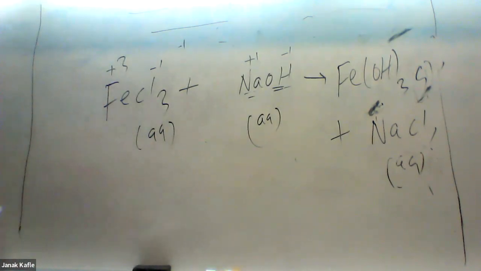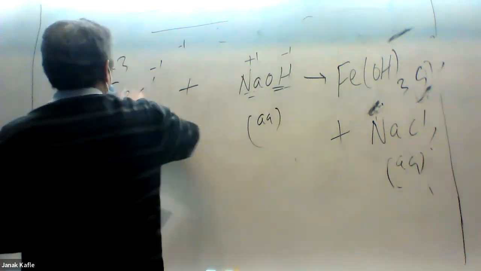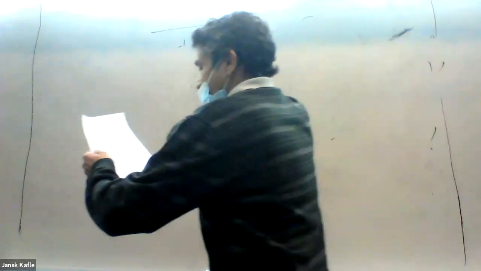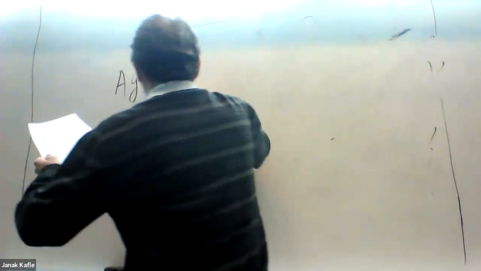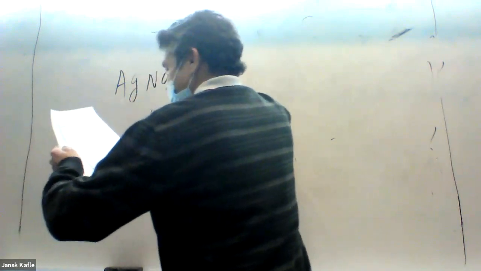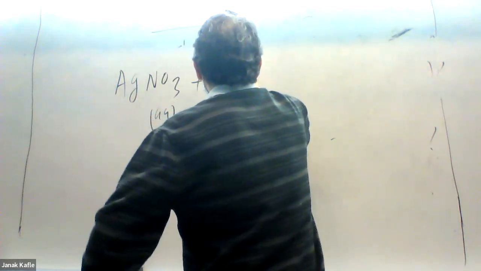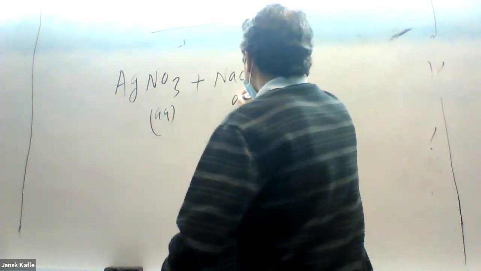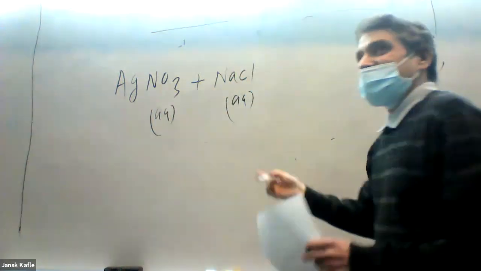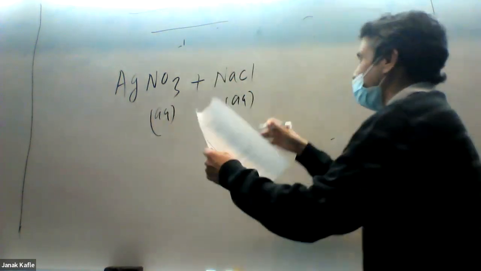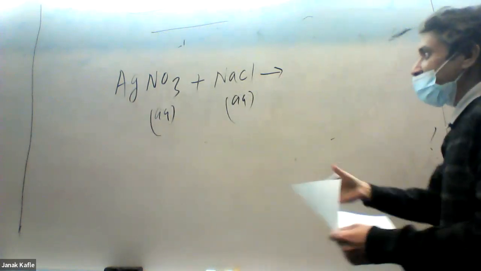Now let's look at some definitions in another slide. These are the ionic reactions. If we write any reaction, let's say AgNO3 (aq), dissolved in water, reacting with NaCl, this also dissolved in water. (aq) means it dissolves in water, and I am throwing these waters together and just exchanging.